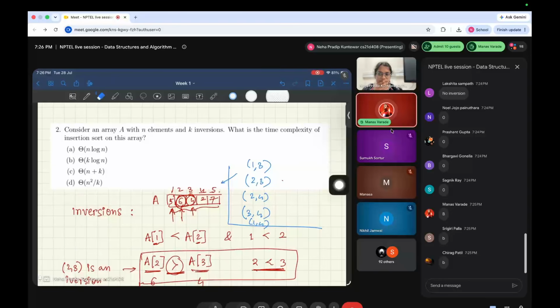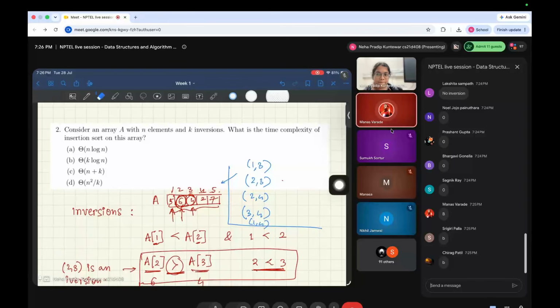I used the elimination method, and if we consider that there are no inversions, then the D option would tend to infinity. And if there are no inversions, then it would give us zero as well, which would be lesser.